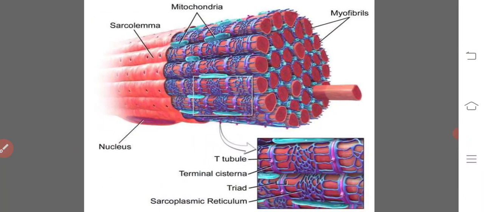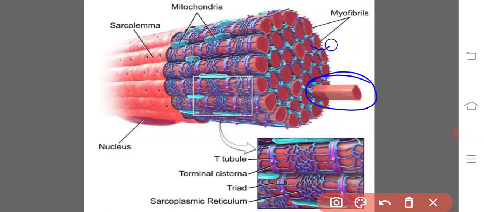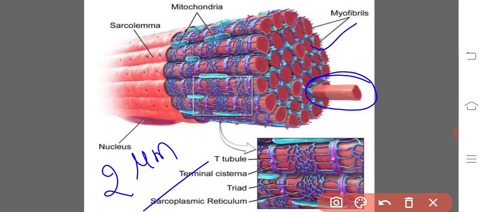Each and every one of these is a myofibril. These myofibrils are about 2 micrometers in diameter and extend the entire length of the muscle fiber. Their prominent striations make the entire skeletal muscle fiber appear striped or striated.